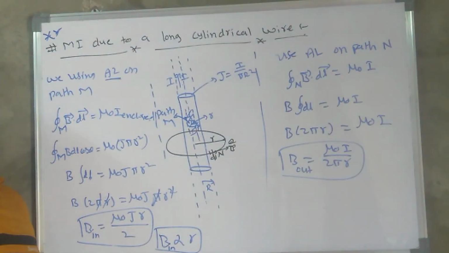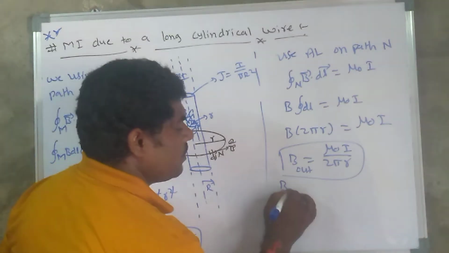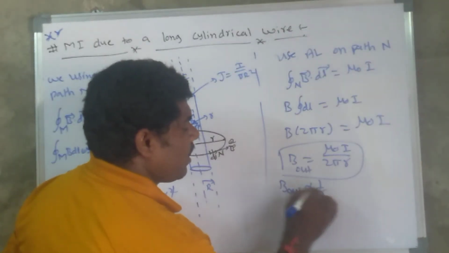So the magnetic induction outside due to a long cylindrical wire, B outside, is directly proportional to 1 by r.